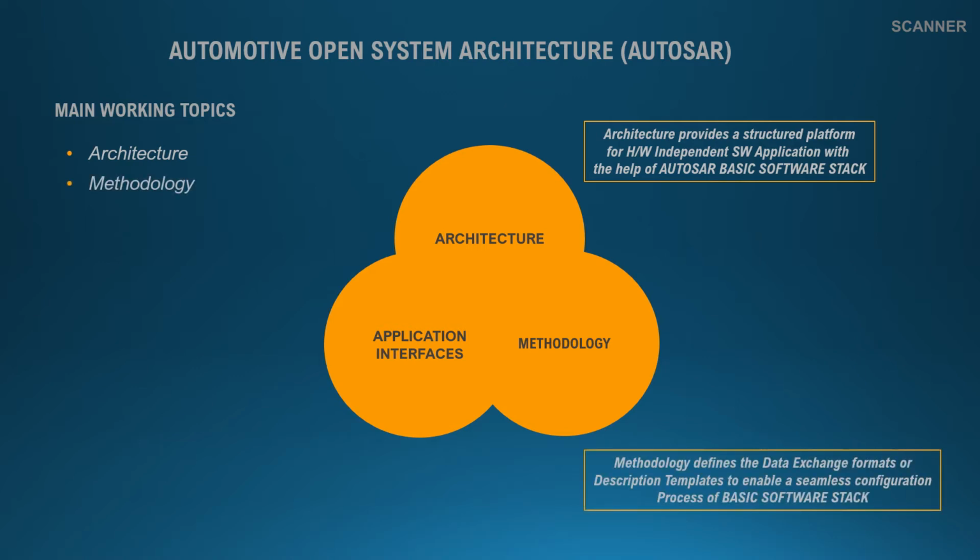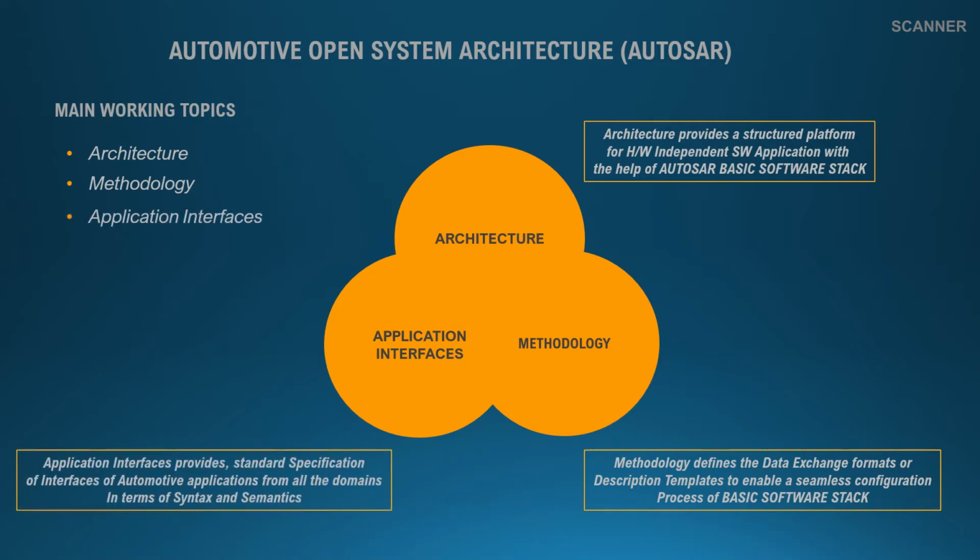Methodology defines the data exchange formats or description templates, to enable a seamless configuration process of the basic software stack, and the integration of application software in electronic control units. Application interfaces provide a standard specification of interfaces from all functional domains in terms of syntax and semantics, and that should serve as a standard for application software development. We will see all of them in detail.